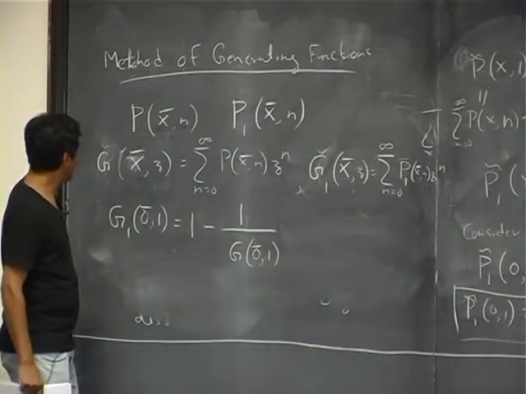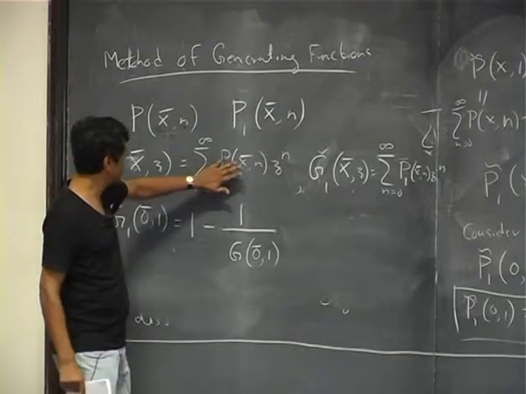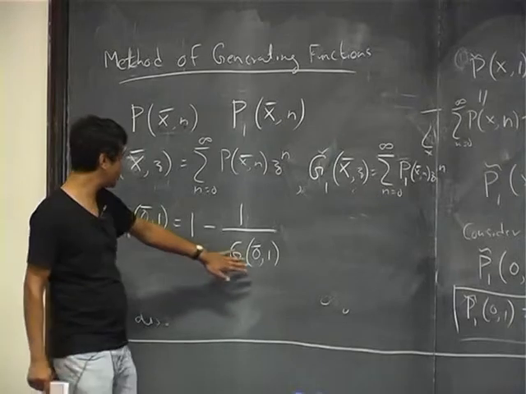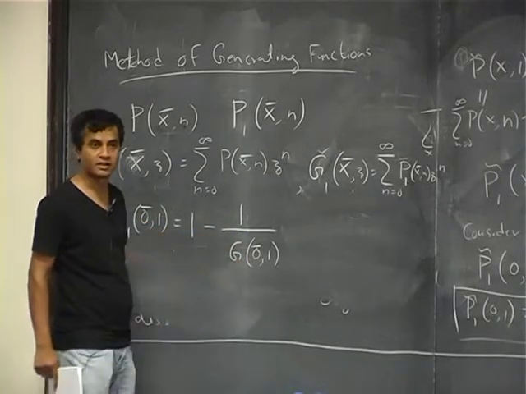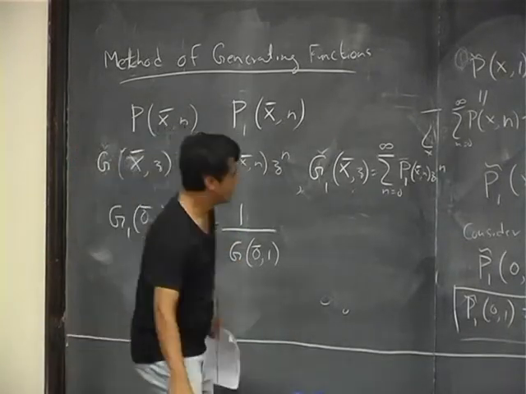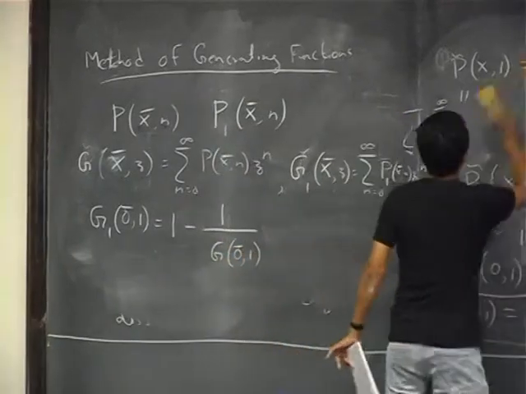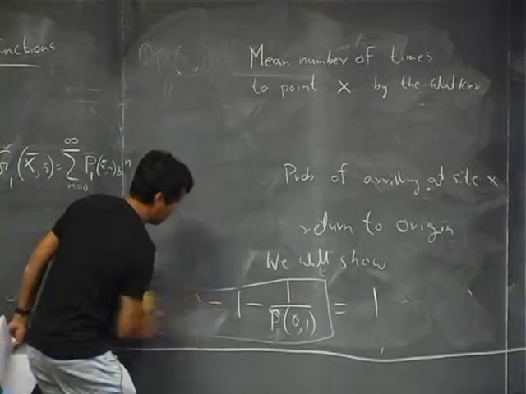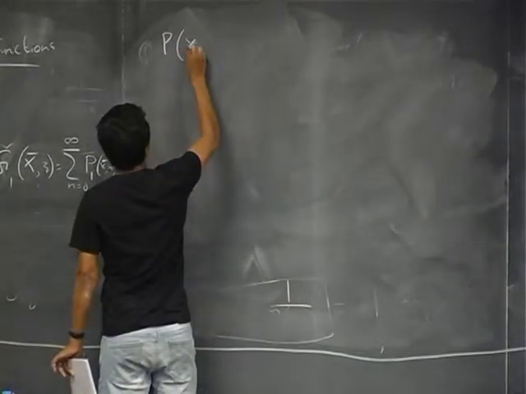Okay, so now we have to somehow find this, then calculate this, and show whether it is 1 or less than 1 in various dimensions. So again, how do you solve this equation for P of x bar?